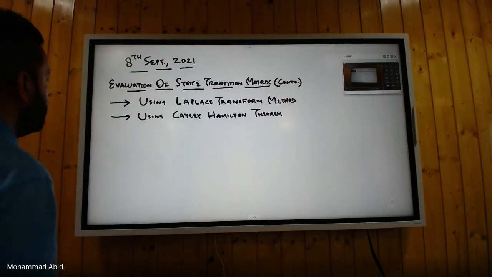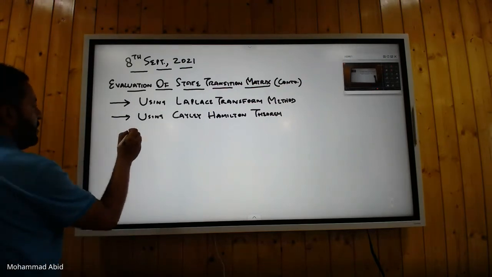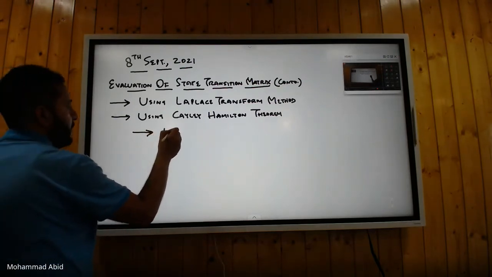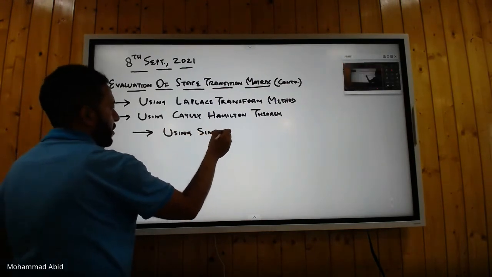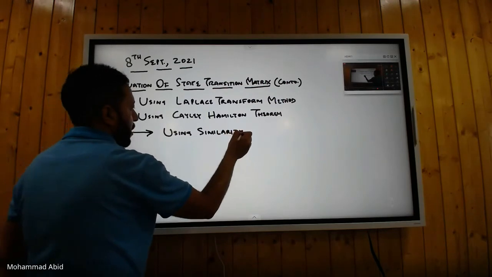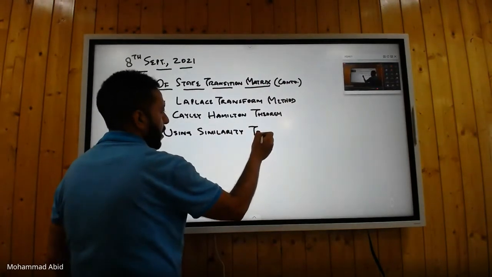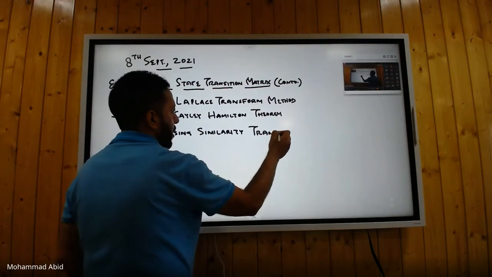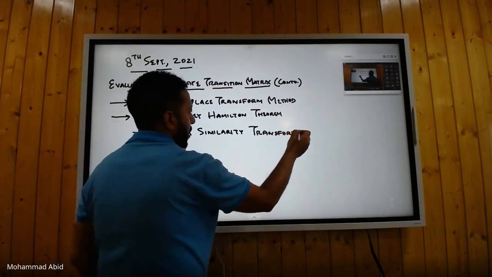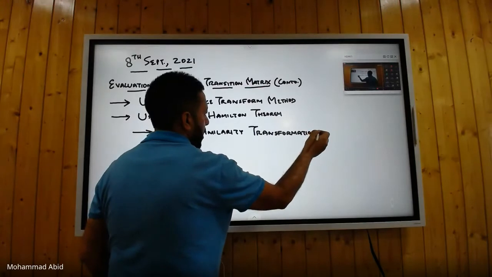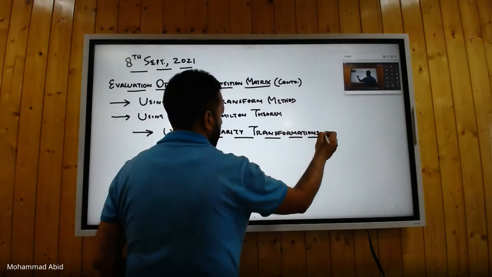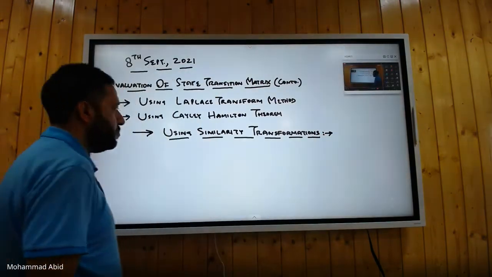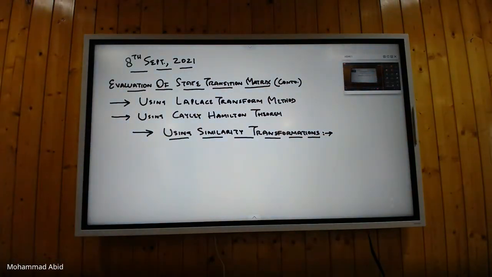Today we will be discussing the third method of evaluating the state transition matrix, that is using similarity transformation. This is the third method of evaluation of state transition matrix that we will be discussing.